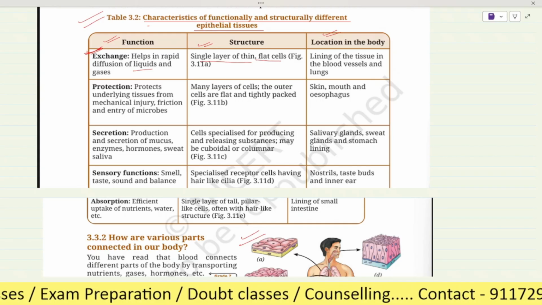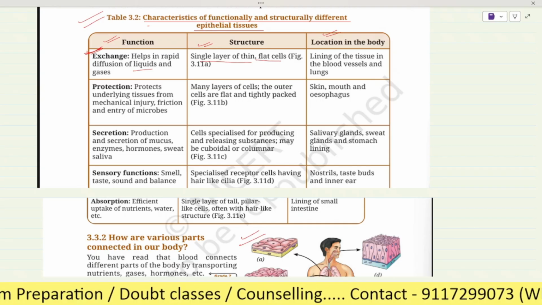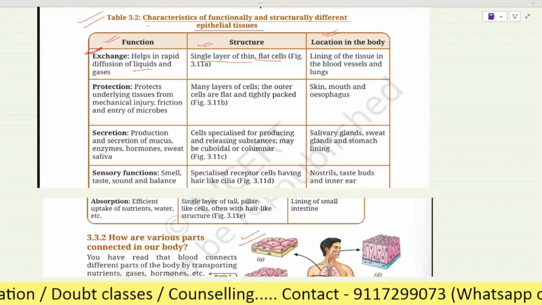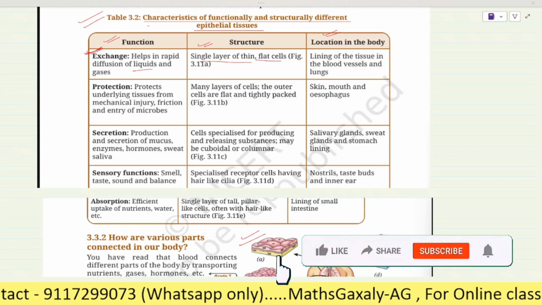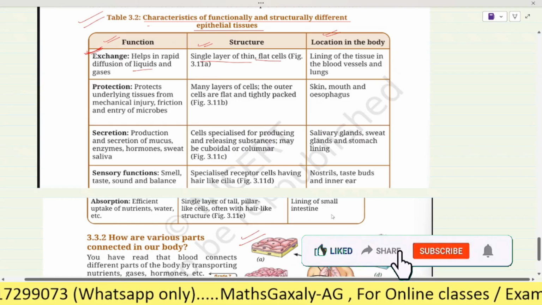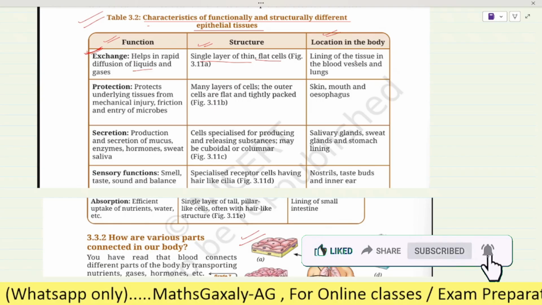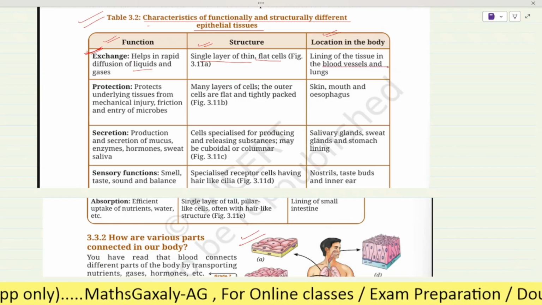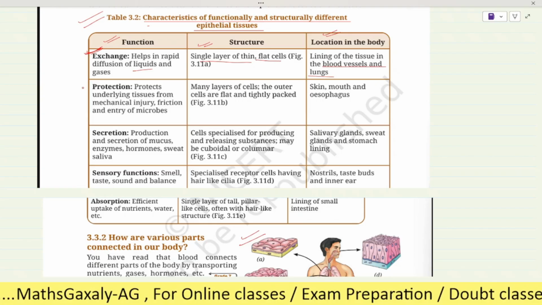It will be located inside our lungs. So here we can easily say where it will be located: in the lining of the tissues in the blood vessels of the lungs.